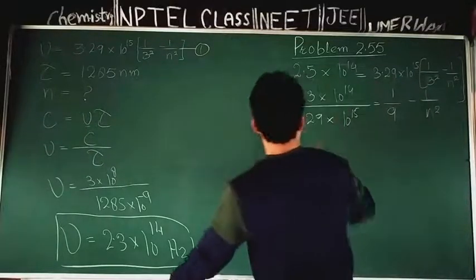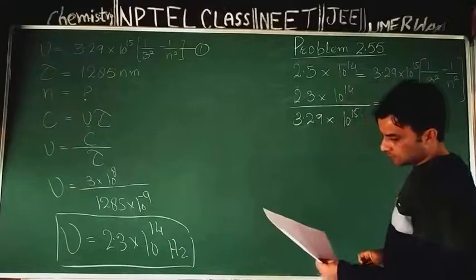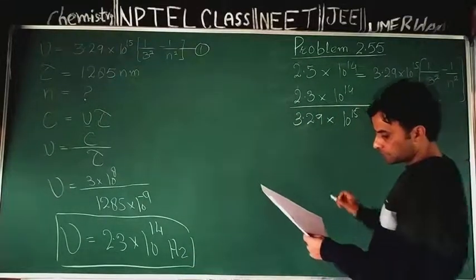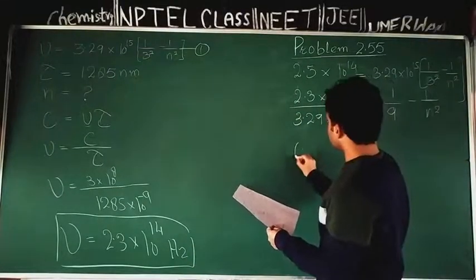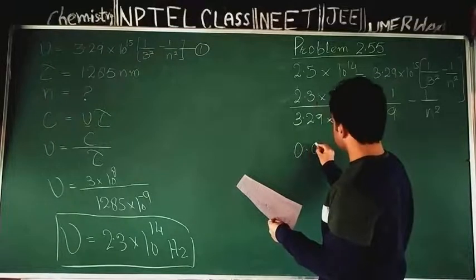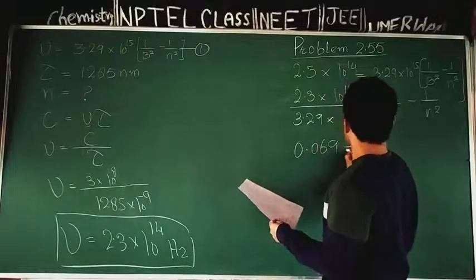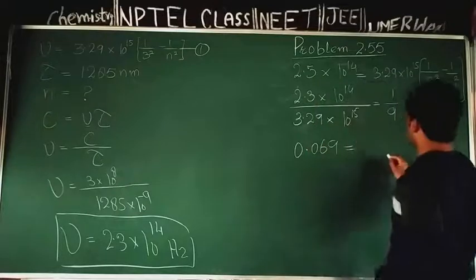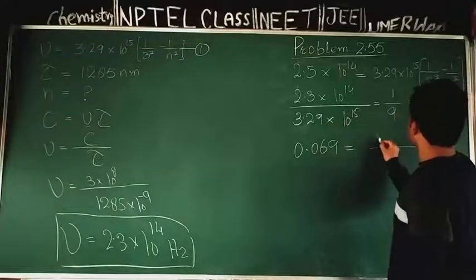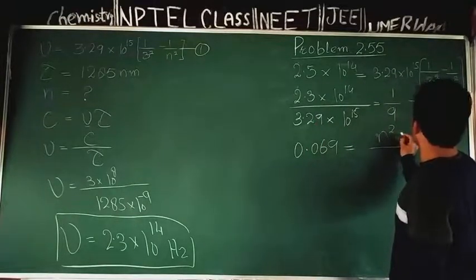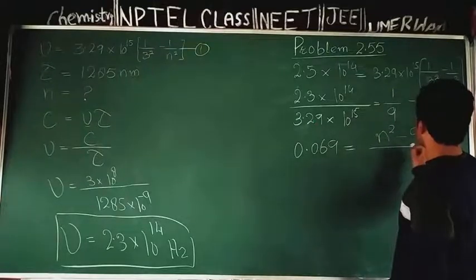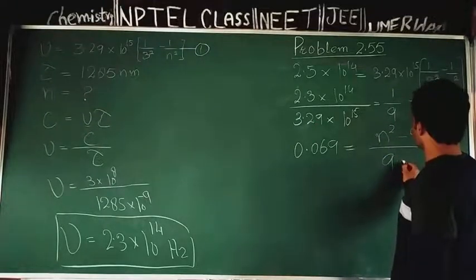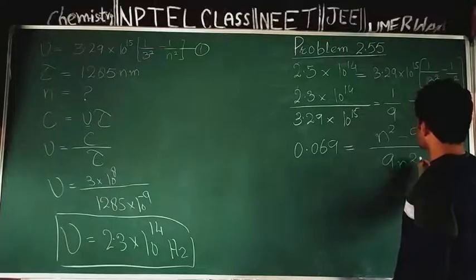And after evaluating, LHS side comes equal to 0.069 is equal to, this will become n square minus 9 divided by 9 n square.